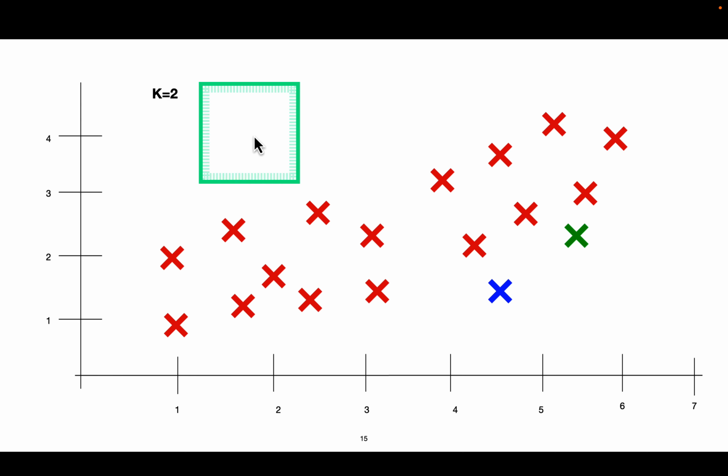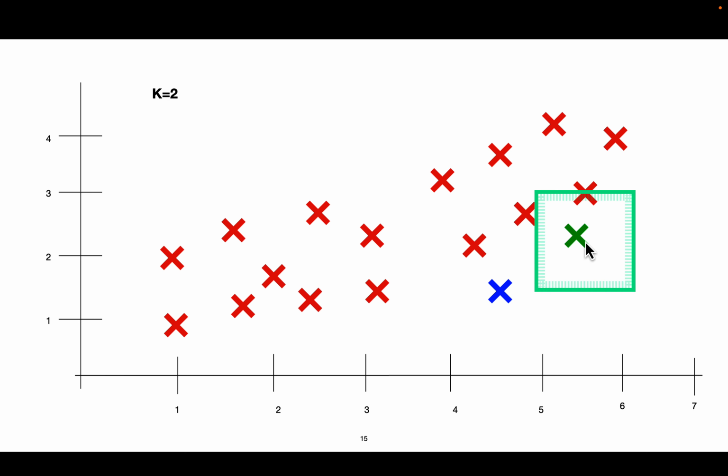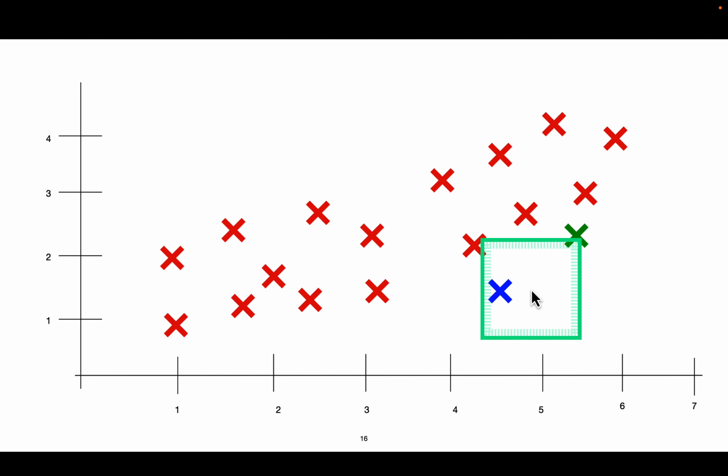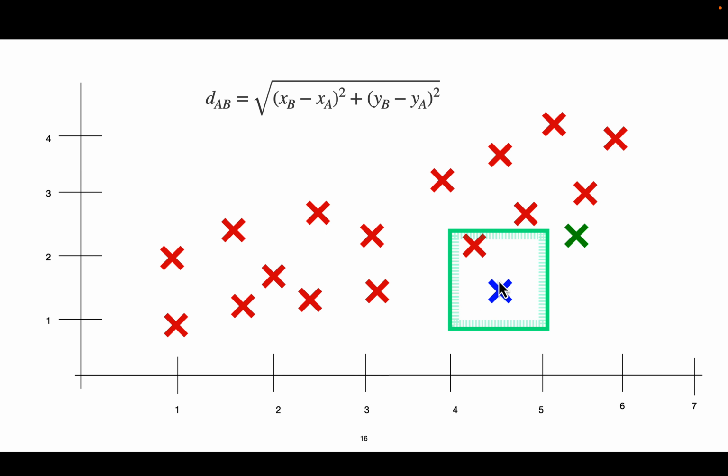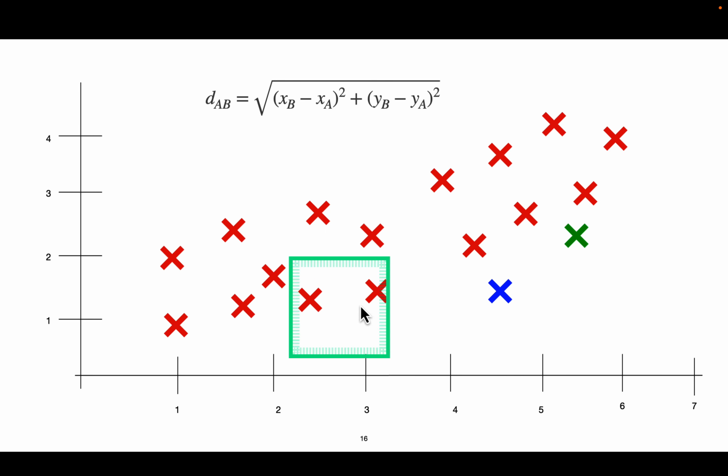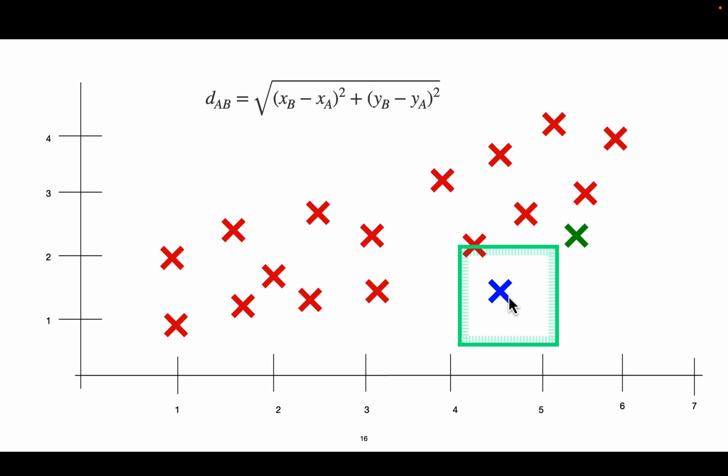So when we start with 2, the algorithm will randomly put 2 data points, and it will calculate the distance. It will calculate the distance of every point to both the data points, blue and green.